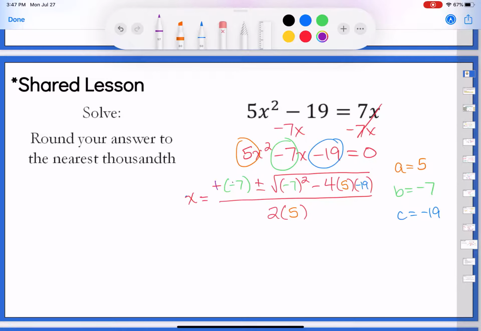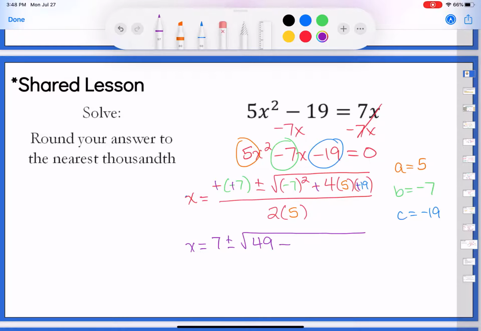All right. Now I'm going to go through and start checking things off a little bit. Two negatives here is a positive. So I have x equals positive 7 plus or minus. Negative 7 squared gives me positive 49. Everything squared becomes positive. I have negative 4 times 5 times negative 19. So again, two negatives make a positive here.